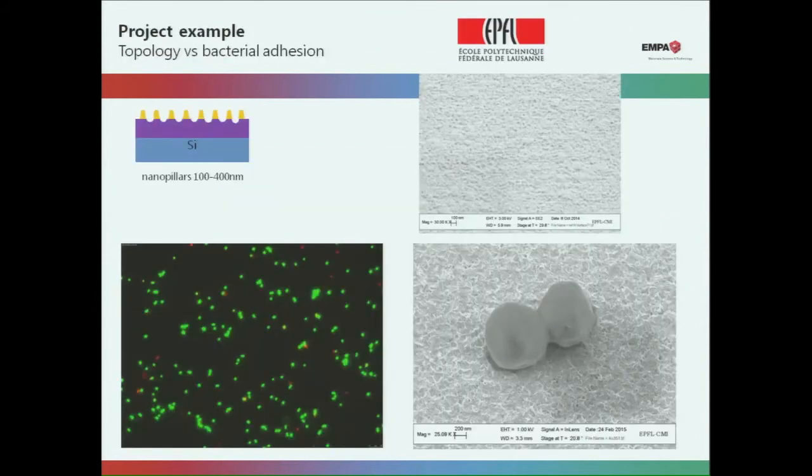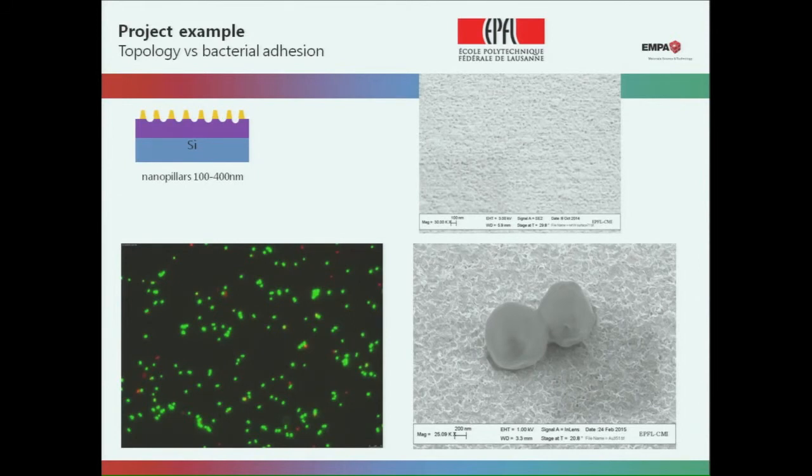And now I come to a more research-oriented topic we have. We want to study the surface topology versus bacterial adhesion. This morning, you have seen many surface fabrications, like microfabrication or nanofabrication. In this project, we want to study the nanostructured surface and how it impacts the bacterial adhesion.